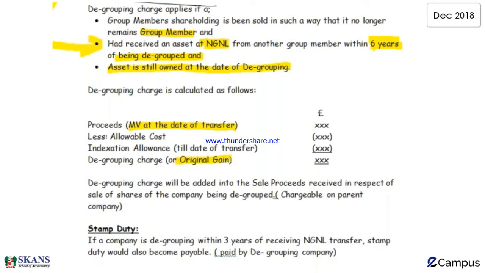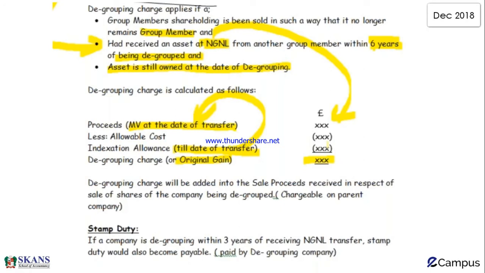So we will use the market value at the date of transfer when this no gain, no loss transfer was made, less allowable cost, whichever was paid, less indexation allowance once again till the date of transfer. You just have to calculate the original gain which would have been chargeable in the first place if it was not a no gain, no loss transfer.